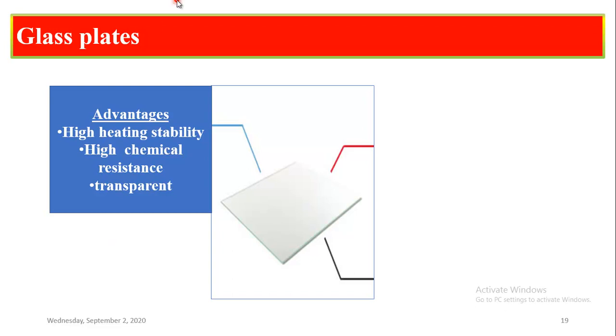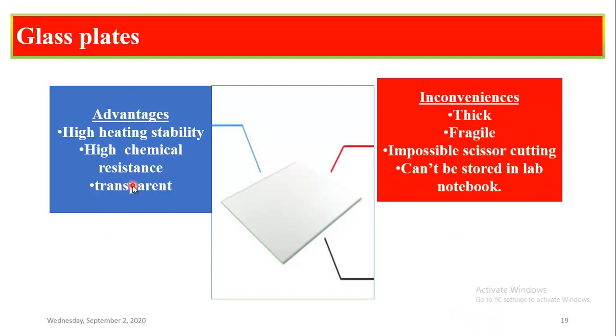So these are the advantages if we use a glass plate. The next inconvenience: it is thick, fragile, impossible to cut with scissors, we cannot cut it depending upon the size, and it cannot be stored in a lab notebook. So these are the problems if we use a glass plate.